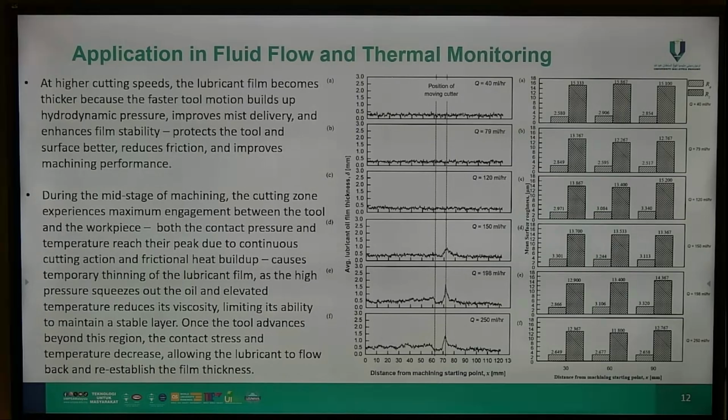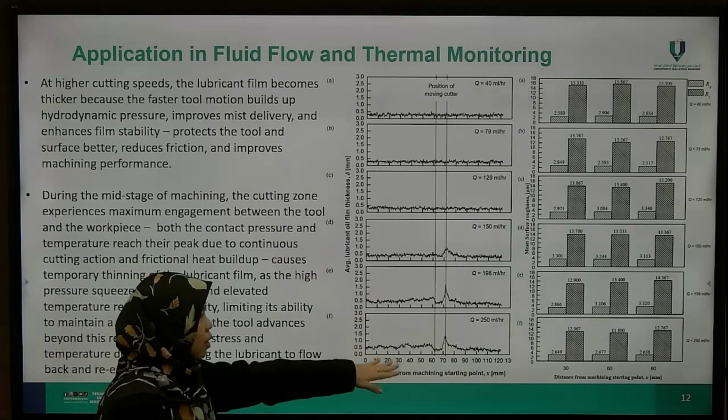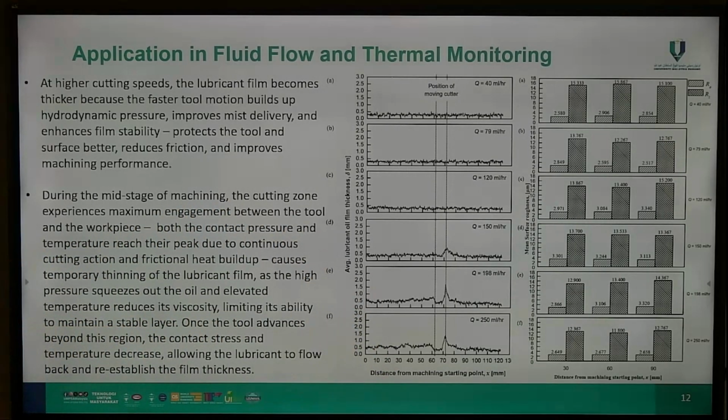This is because of the hydrodynamic changes inside the cutting zone between the cutting tool and the cutting surface. As you run the machine faster, the lubricant can more easily penetrate the cutting zone, and you will have the same trend like this.